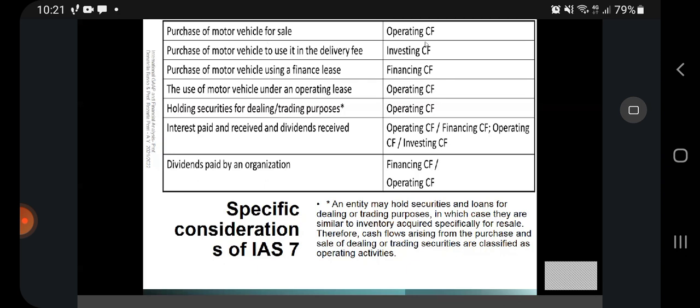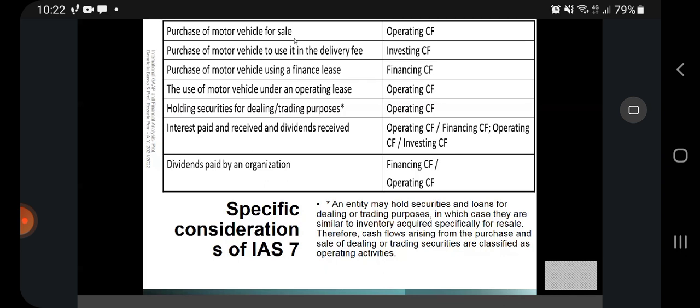This is purchasing motor vehicles for sale, and it is going to be included as operating because motor vehicles are not going to be used in producing or manufacturing anything. They are going to be purchased only for resale, and therefore it is operating.